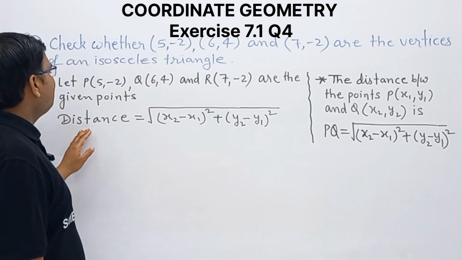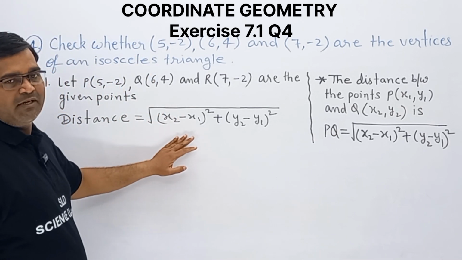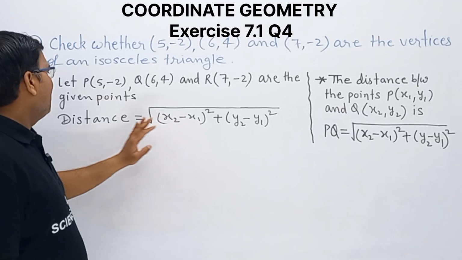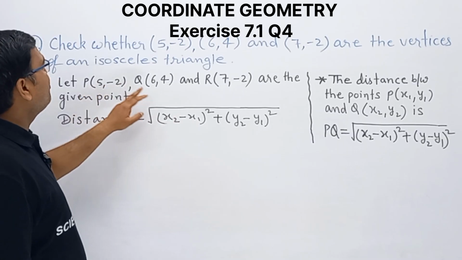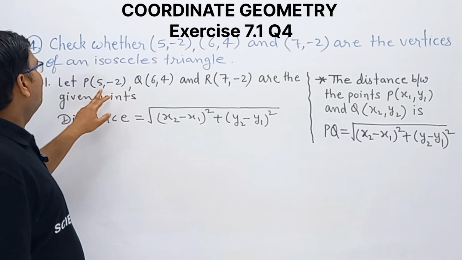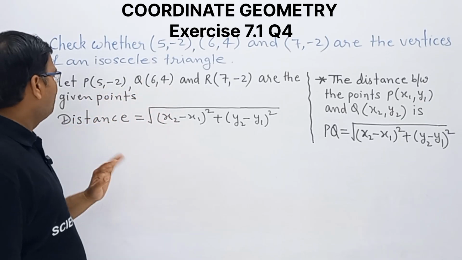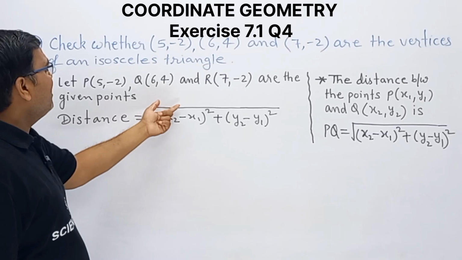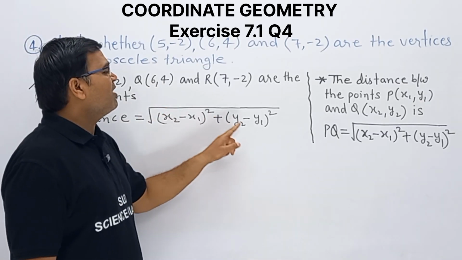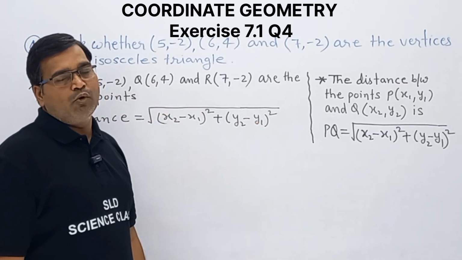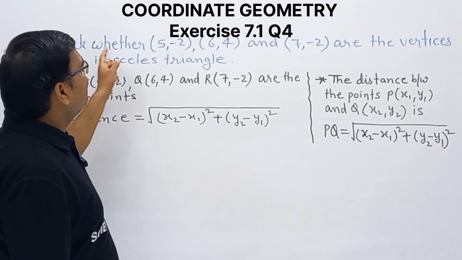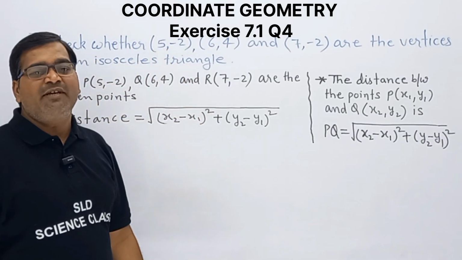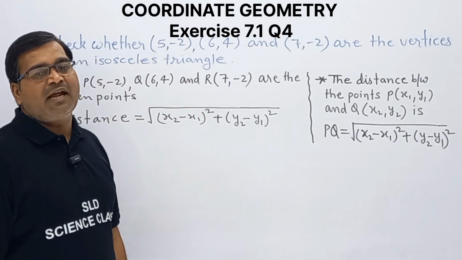So we will use the distance formula. Once we have 2 points (x1, y1) and (x2, y2), the distance between the 2 points will be the square root of (x2 minus x1) whole square plus (y2 minus y1) whole square. We want to check whether these points are vertices of an isosceles triangle.